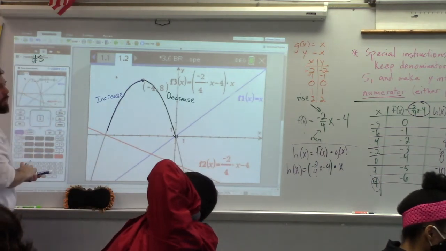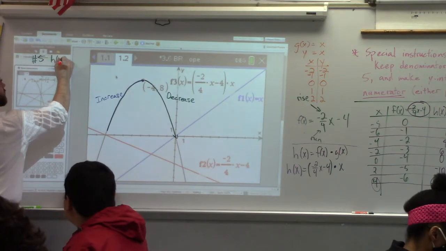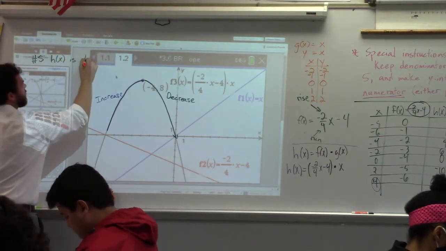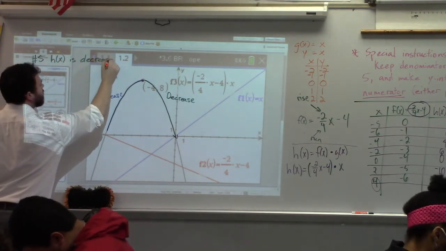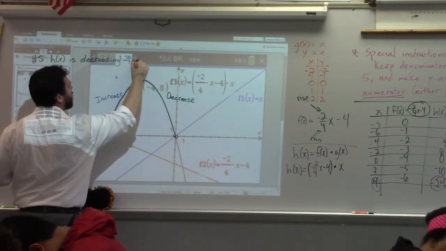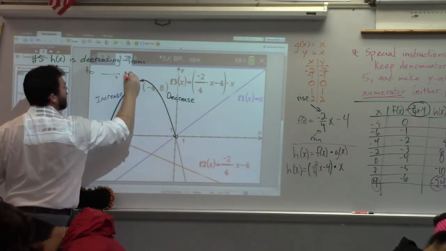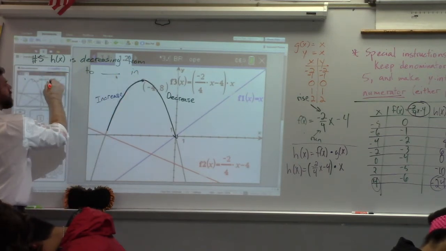So for number 5, we need to actually respond to this using our words. H of x is decreasing from blank to blank in the domain.